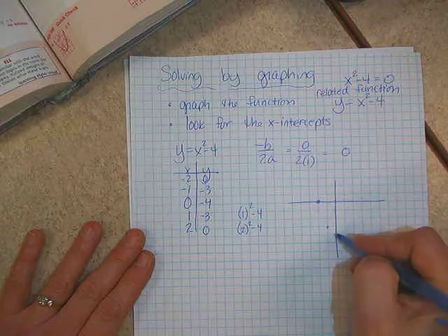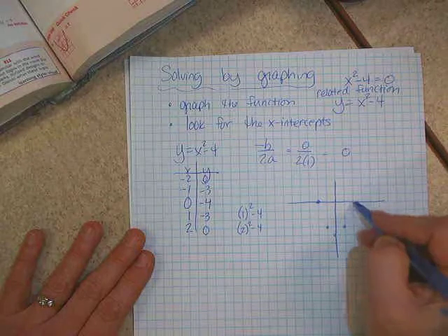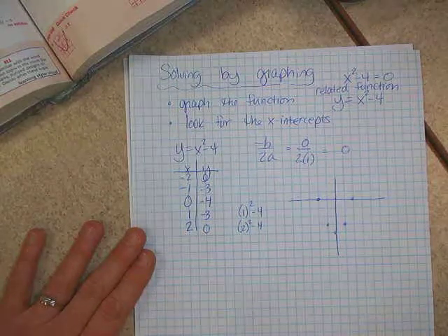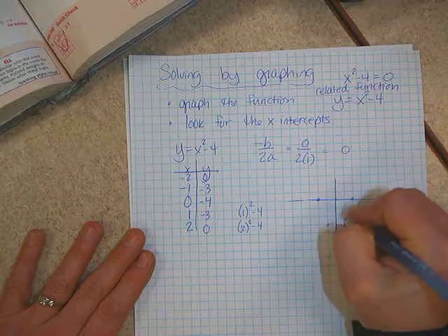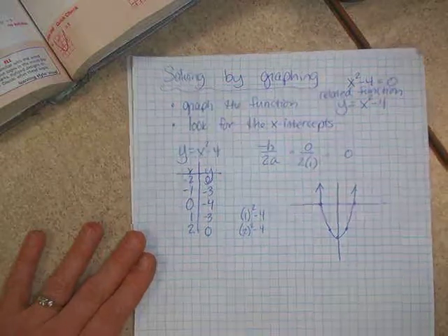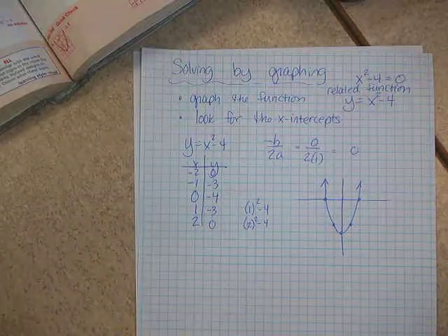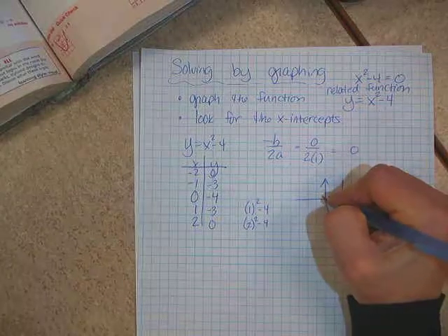That's kind of what I'm looking for, okay? So when I graph this, I'm at -2, 0, -1, -3, 0, -4, 1, -3, and 2, 0.